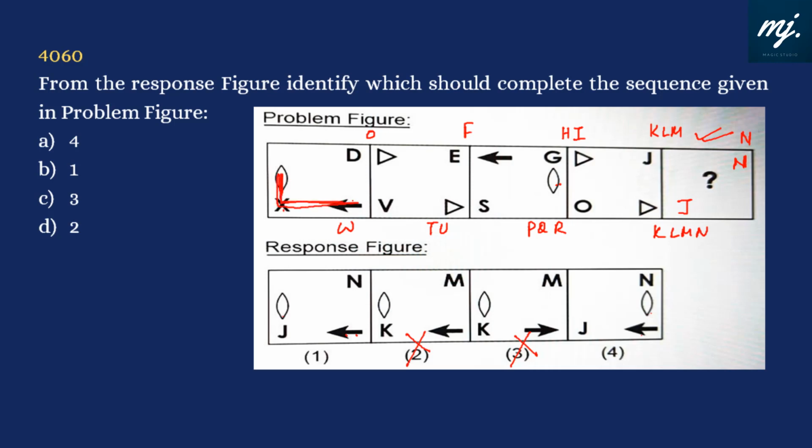Arrow with bracket is 90 degree at least. Here arrow with brackets 90 degree at least. And in these options, this is fitting in with 90 degree, but not this. I'll go with option 1. And the response figure is 1, which is in option B.